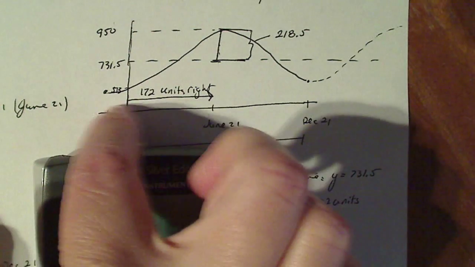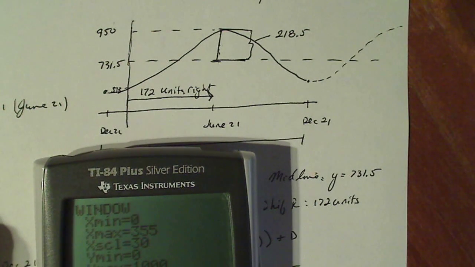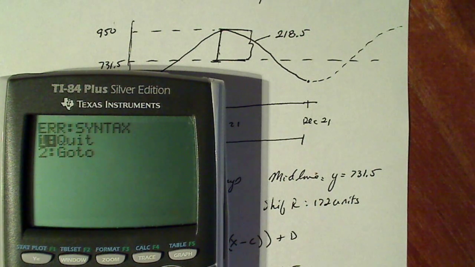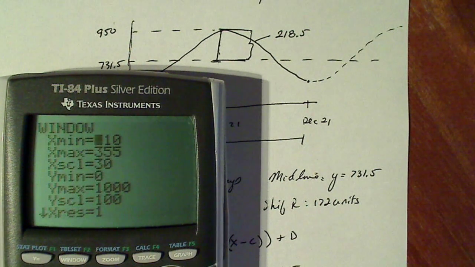The minimum is 10 days from January, so I could do minus 10. Whoops, it's the wrong minus symbol. I did 30 because there are about 30 days in every month. And then y from 0 to 1,000 with a y-scale of 100.